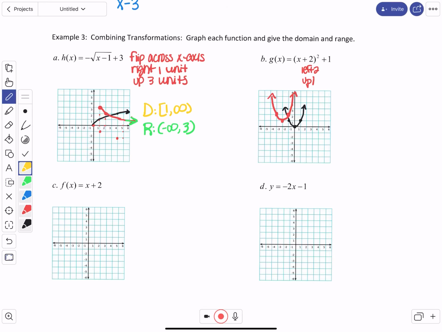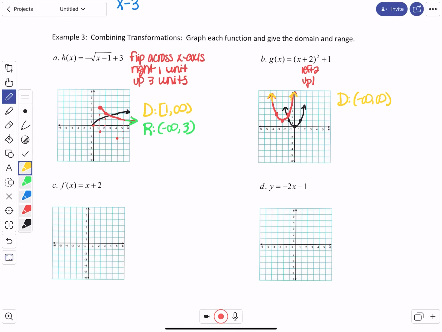Now if we do domain, think about how far left it's going. So this is actually moving kind of this direction. It's going to the left forever, and it's going to the right forever. So domain is left forever, right forever. So the way that we would express this is negative infinity, positive infinity. Okay?